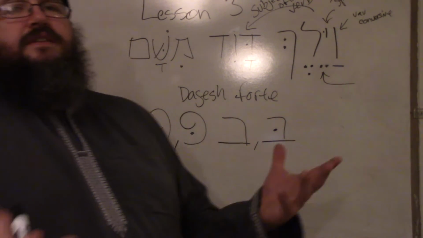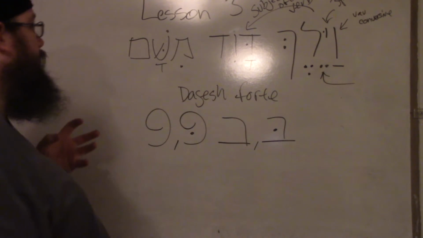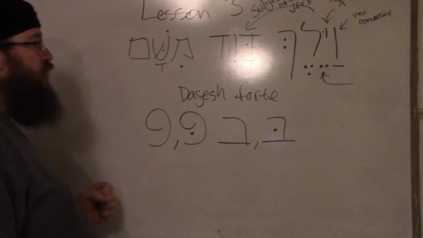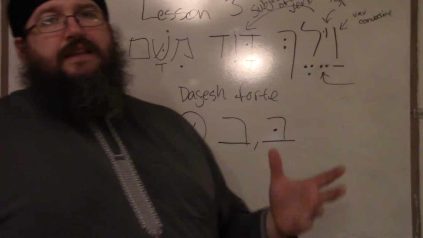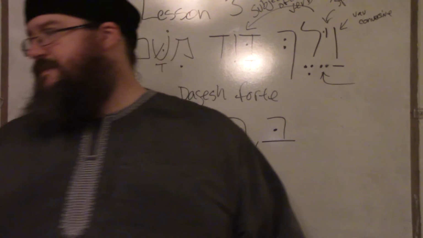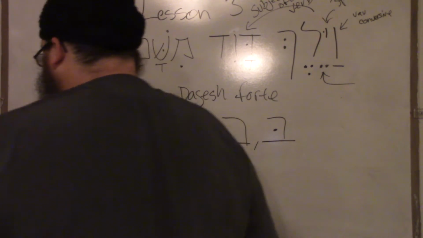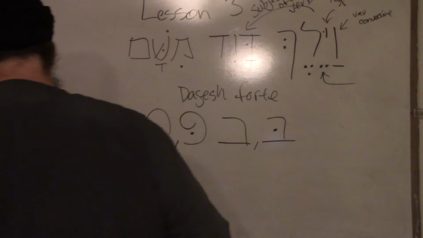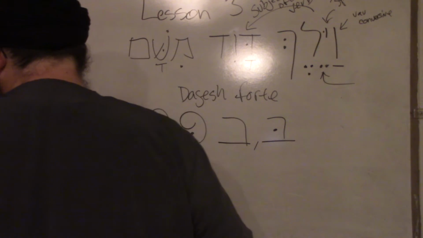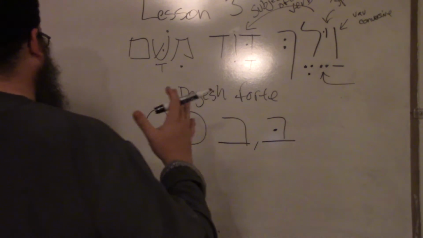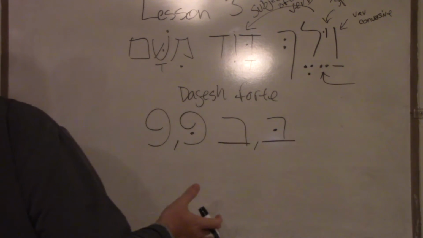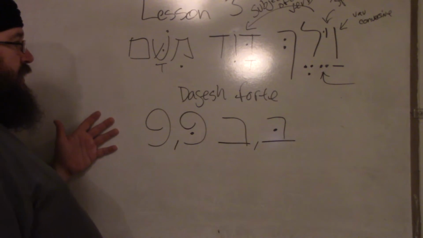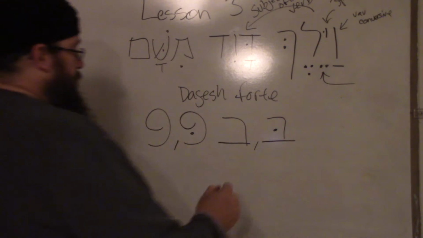It means that it's a dot that causes the change of the sound of the letter, rather than the dot that doesn't have any effect. Okay? So we have to remember these different things and know that when we see this dagesh taking place, it is going to change the sound. What's the next one we're going to look at?